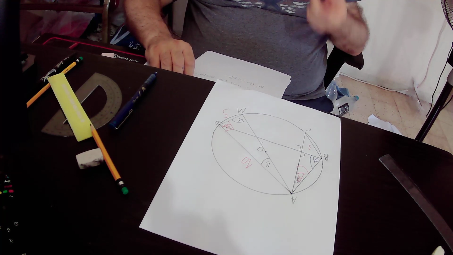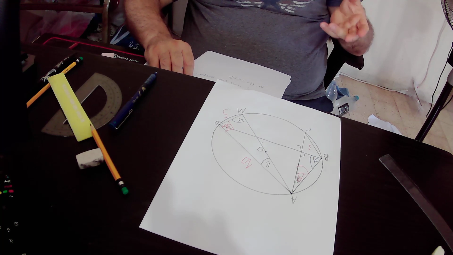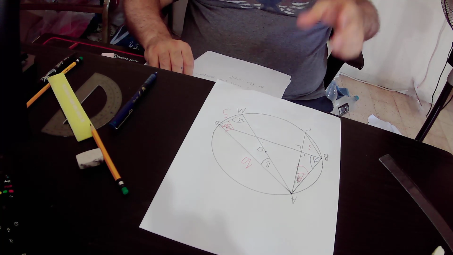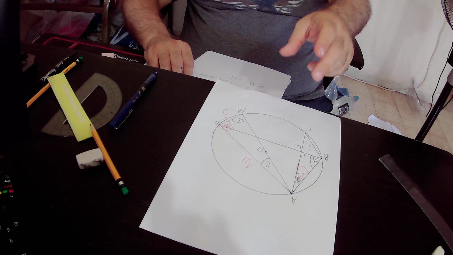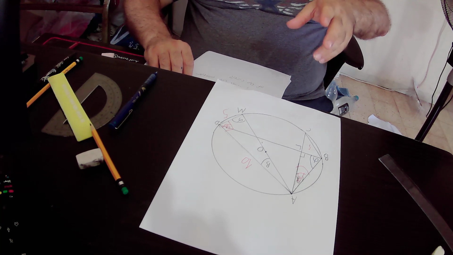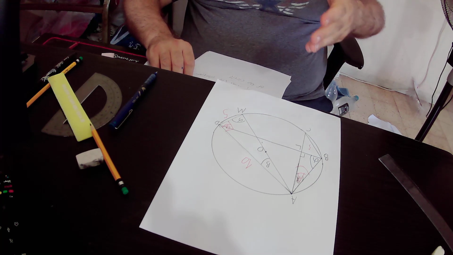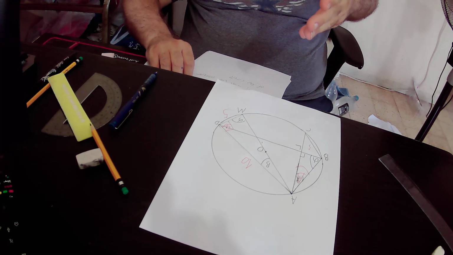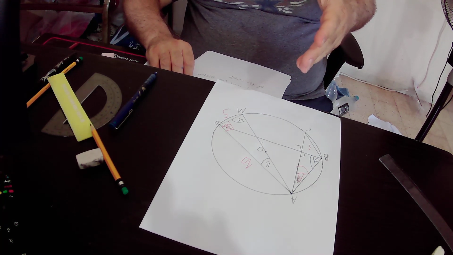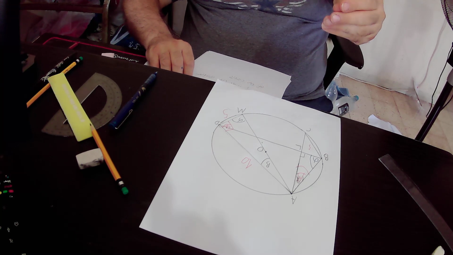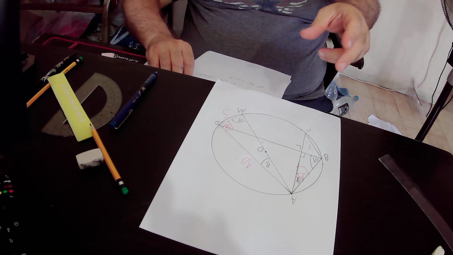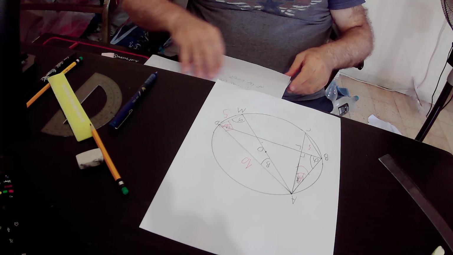Any chord, any string that passes through the center of a circle is defined as the diameter of that circle, and especially chord AM passes through the center of the circle, point O. For that reason, chord AM is the diameter of this circle.